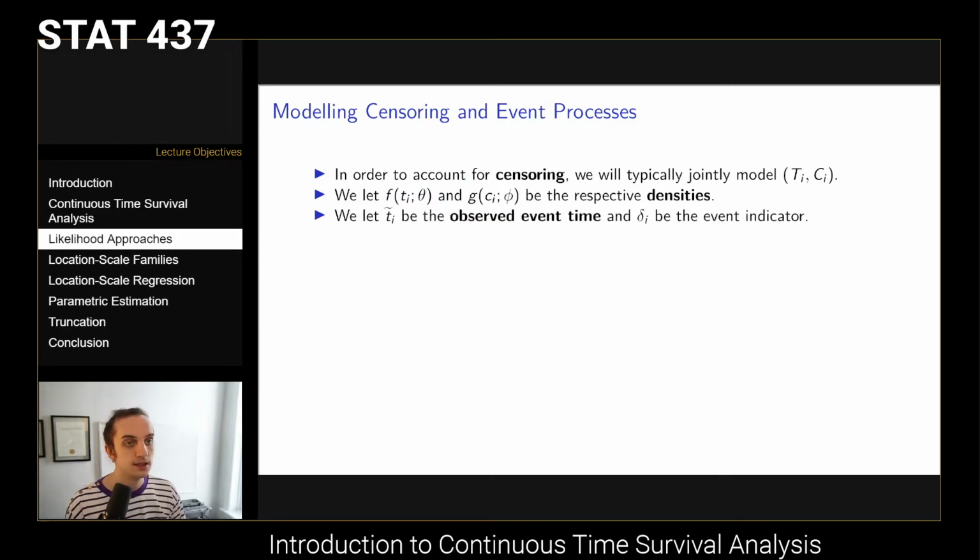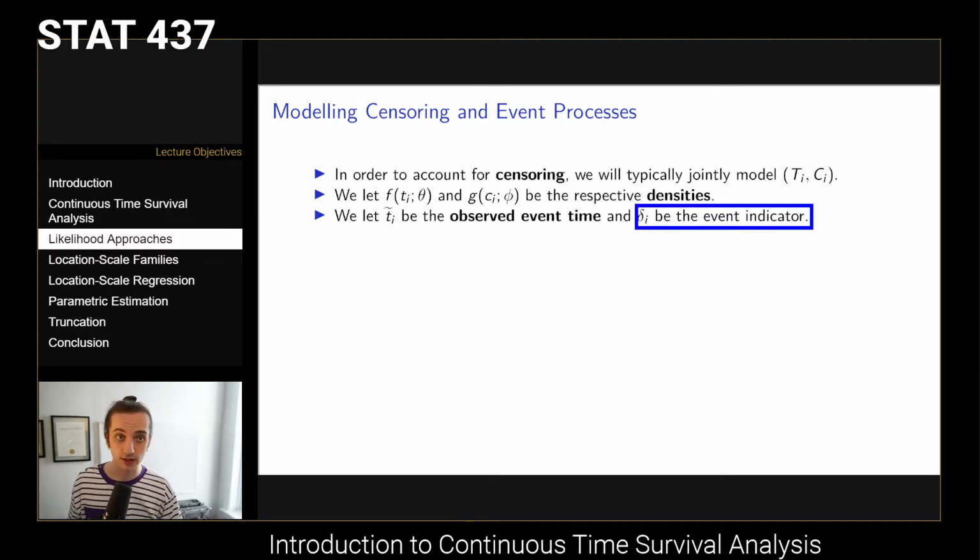We're going to let this t tilde notation be the notation for the observed time, and that's going to be the minimum of someone's event time and their censoring time. Before we saw that as an x, but we need to keep x around to allow for covariate introduction, so we're going to use this t tilde. And this delta i that we have here is going to be an event indicator.